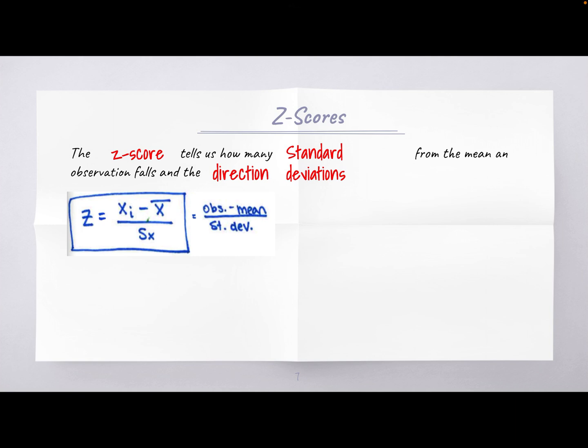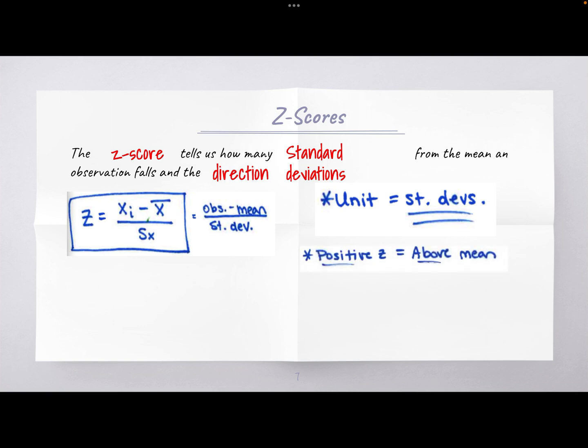Z equals x_i minus x bar over s_x. Remember, x_i is the data or the observation, x bar is the mean, and s_x is our standard deviation. Our unit will be standard deviations. It's not going to be centimeters. It's 1.375 standard deviations. That's our unit.